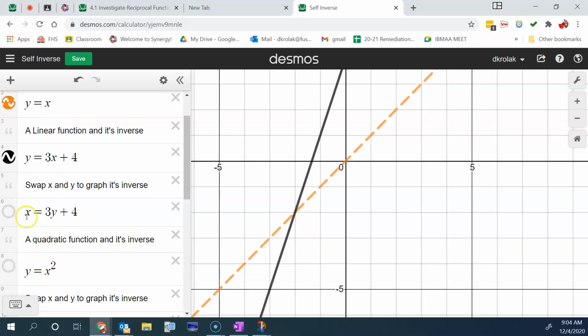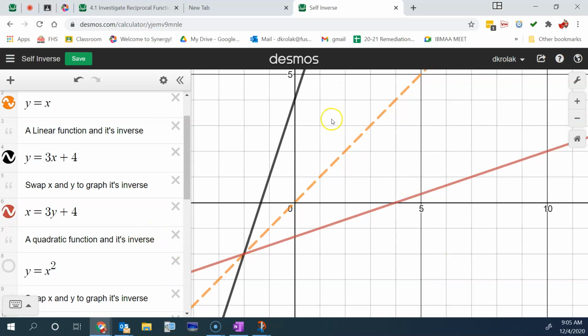So if you look at the next one, I swapped x and y to graph its inverse. Where there was a y, I wrote an x. Where there was an x, I wrote a y. So the inverse, if I graph that, that's its inverse. Now the dotted orange line is the line y equals x. And the reason that's on there is because to get the inverse of a graph, you flip it over that line.